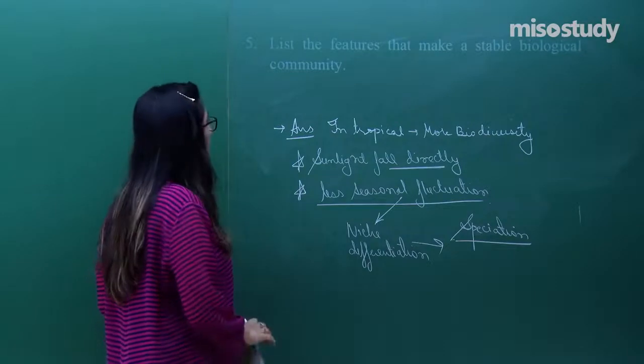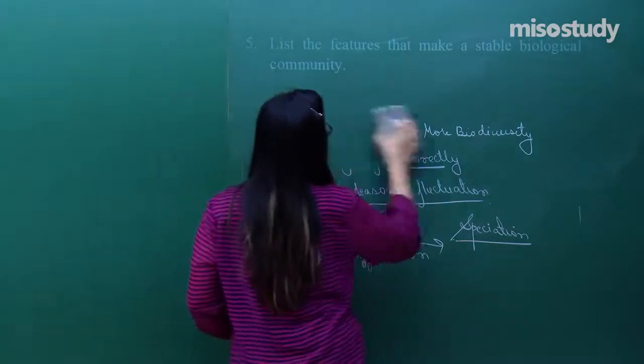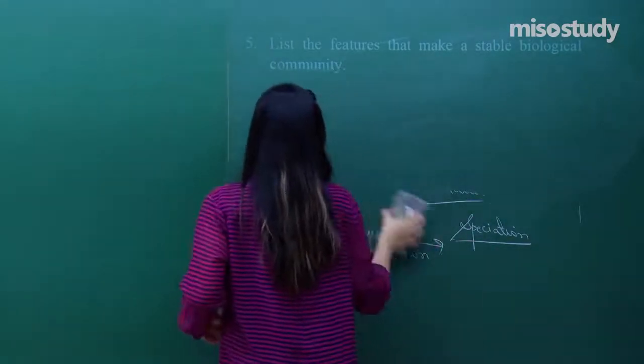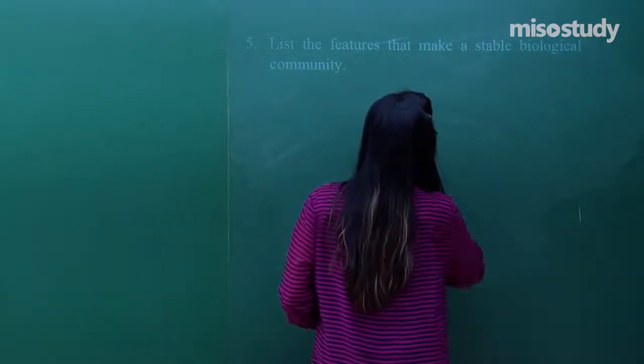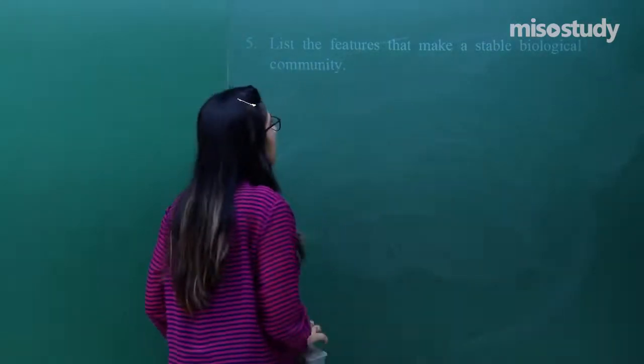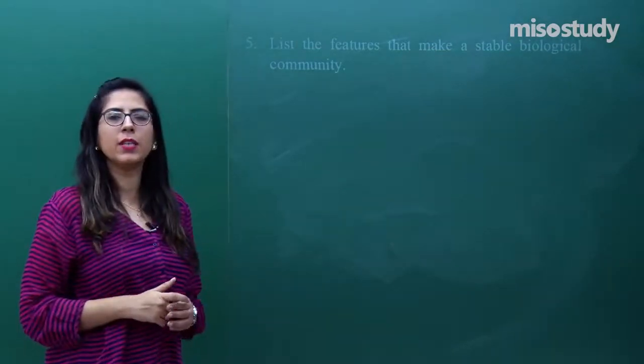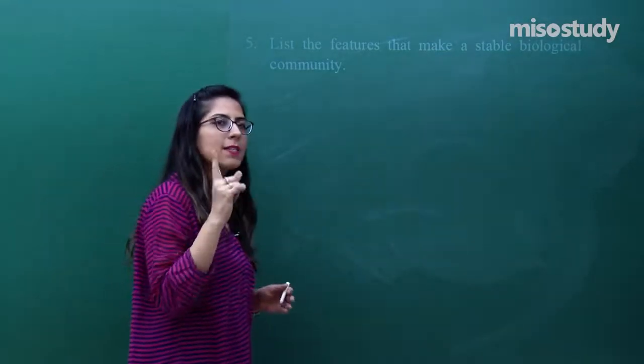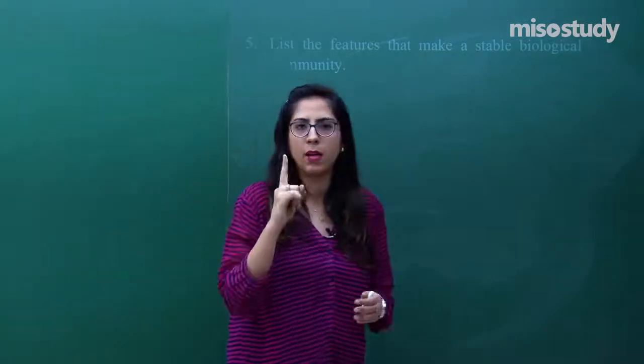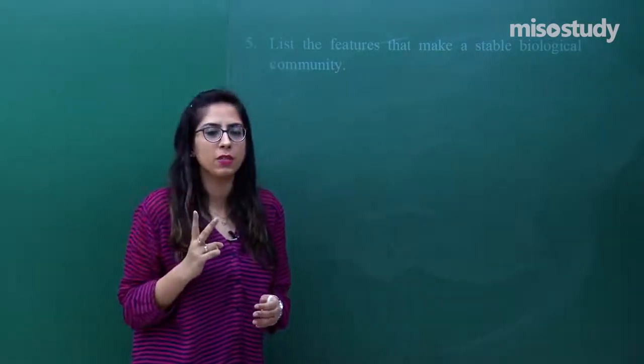Now let's move towards the next category of question. Sorry, this is of the same category, the second 2 marks question, number 5. List the features that make a stable biological community. Any community is considered stable when there is less fluctuation, less variation present in it.